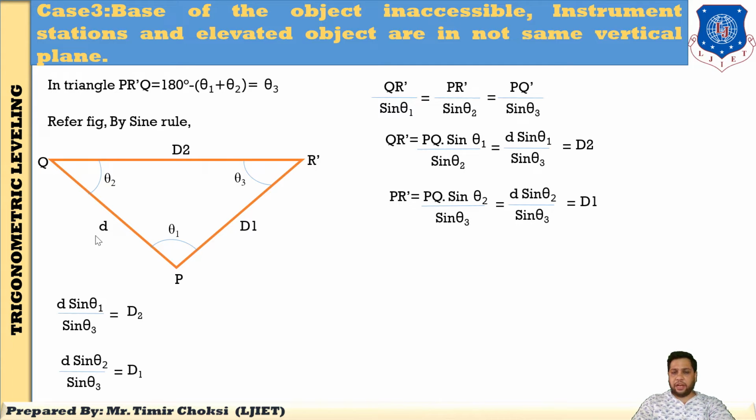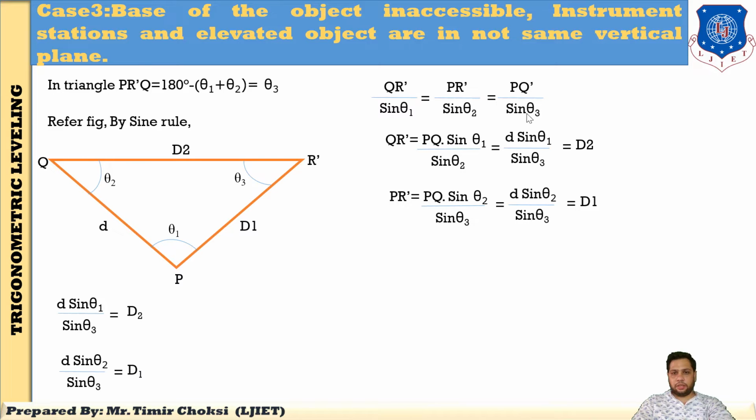So only the d value is there, and the theta 1, theta 2 and theta 3 values are there. So you use the sine rule. You have already studied it in 10th-12th standard as well as in the basic civil engineering subject, how to make the formula by the sine rule. So easily: QR dash divided by sine theta 1, you know that is the side divided by the sine of the opposite angle. Similarly PQ divided by sine theta 3 and PR dash divided by sine theta 2.